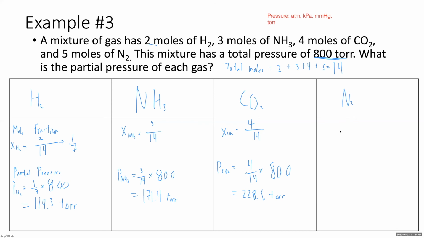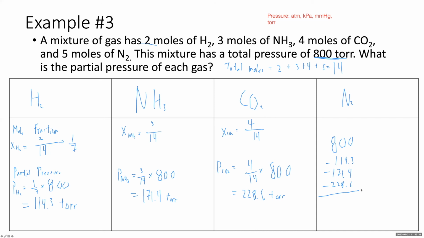We can do our grand total, which is 800, and subtract each of the partial pressures: 114.3, 171.4, and 228.6.